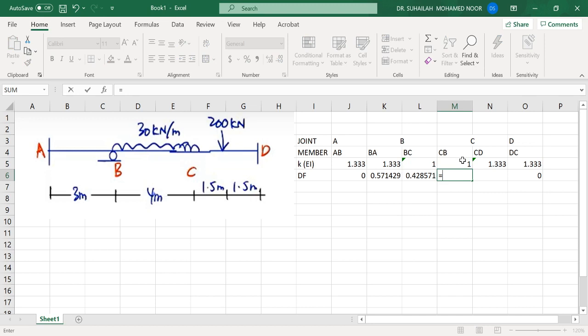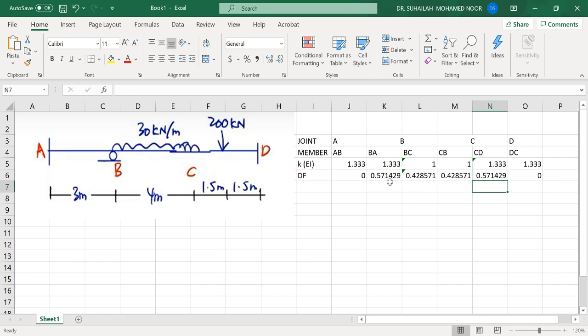Again we do the same for C: 1 divided by the total, 1 plus 1.333, and the other one is 1 minus this one. I set it to 3 decimal points. This is the distribution factor.